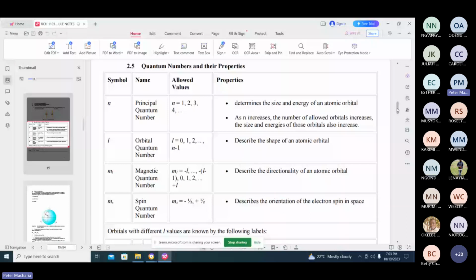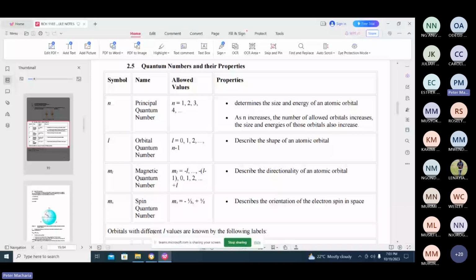Is it now clear? You can refer to this. I just wanted to clarify that before we now go back to the periodic table.